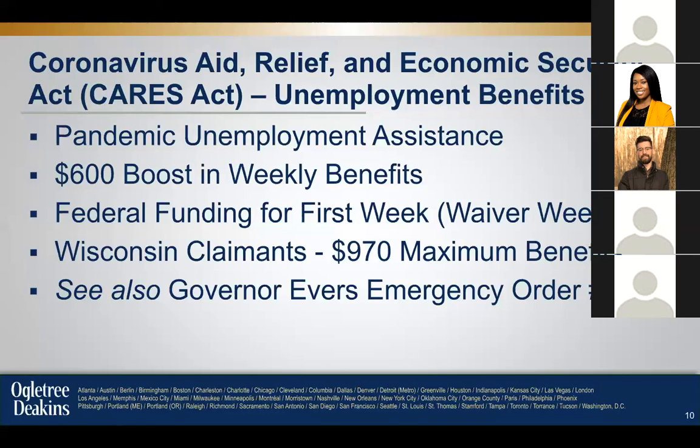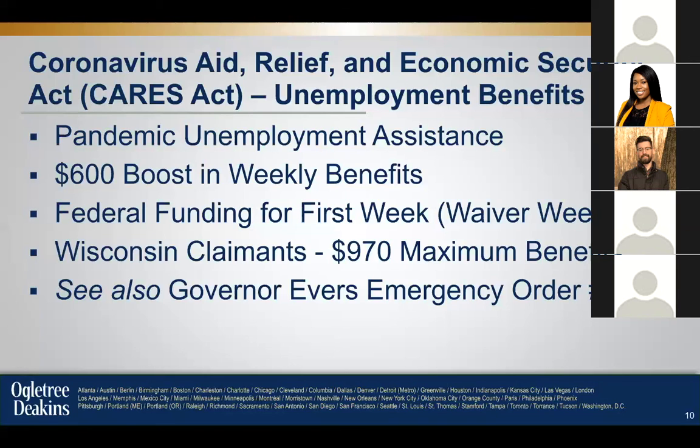And then the second big thing that CARES Act does is it provides claimants with a $600 federal funding boost in unemployment compensation. So right now in Wisconsin, or when this goes into effect in Wisconsin, it will mean that a claimant can receive up to $970 in weekly unemployment compensation, which may in fact be more than some people that are receiving benefits actually made while they were working.